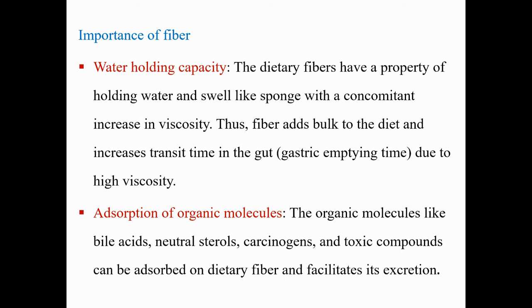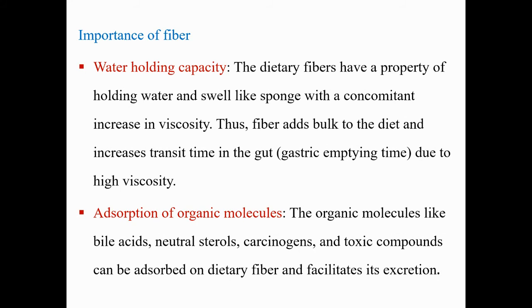So the gastric emptying time will increase due to viscosity. I will repeat: this fiber adds bulk to the diet and increases transit time in the gut, which is nothing but gastric emptying time.